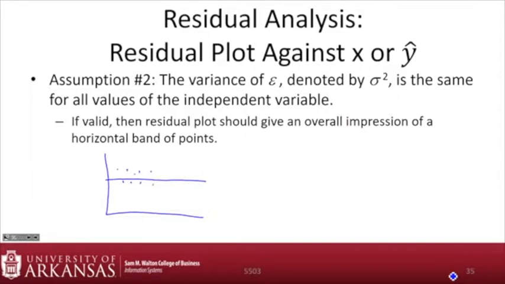But ultimately, they should fit in a horizontal picture. You want just as many above as below, and you want them to be evenly distributed. What you don't want to see is residuals that start close together and then branch out and form a cone-shaped thing. When that happens, then we've violated this assumption.